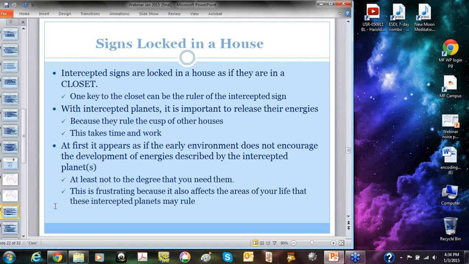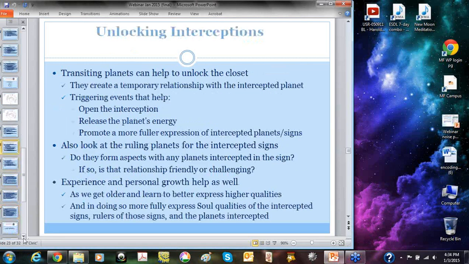Moving along to the next. The other way of unlocking an interception is through the transits that BL has talked about. When anything transits, it creates a new dynamic of energies.